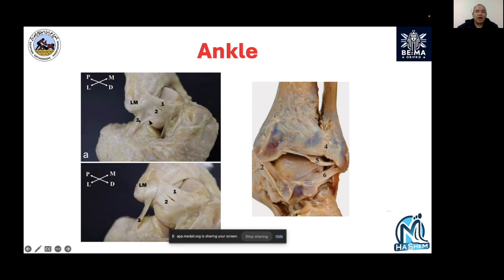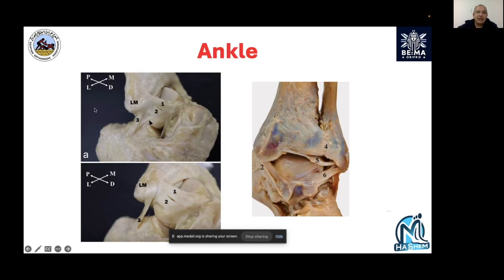So if we go to how we assess the injury to the ligaments, you assess the ATFL by putting the foot into plantar flexion and doing an anterior drawer. And the CFL, you test when you put the foot in neutral and do a varus inversion. And you assess the PTFL when you put the foot into dorsiflexion and do an anterior drawer.